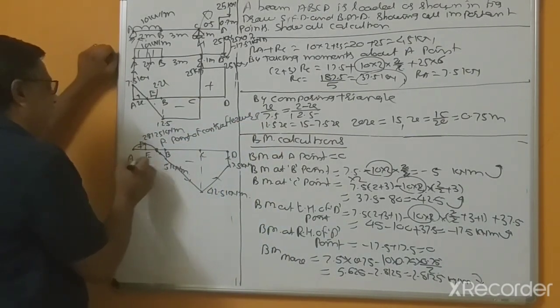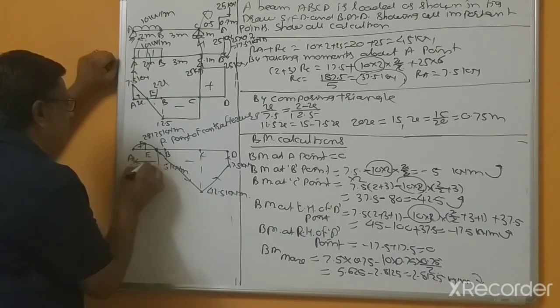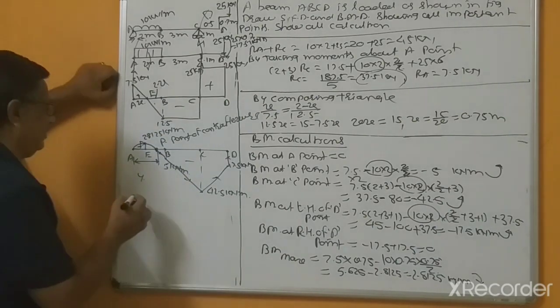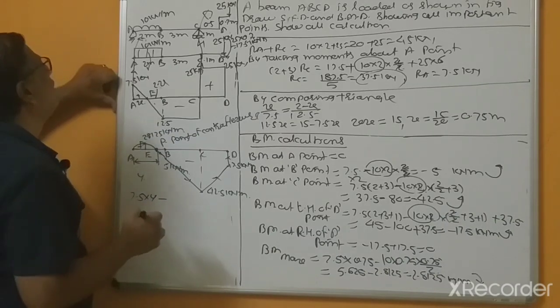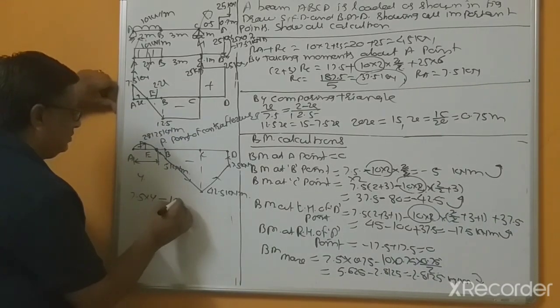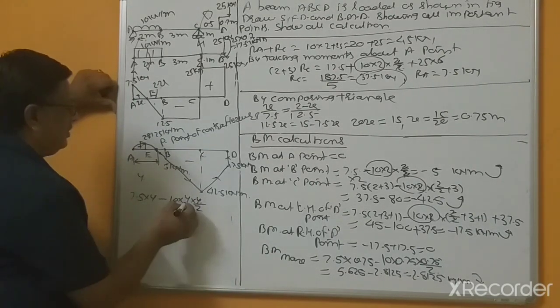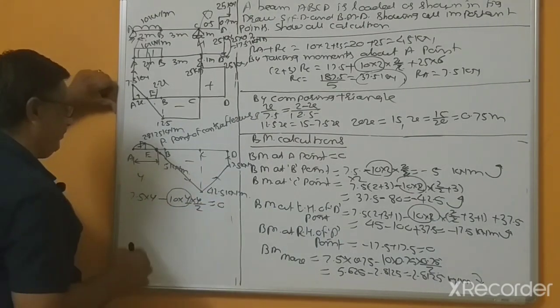P point, and suppose this distance equal to y. So that's why 7.5 multiplied by y minus 10 into y into y divided by 2, half of its distance, because this is shear force and half of distance equal to 0.